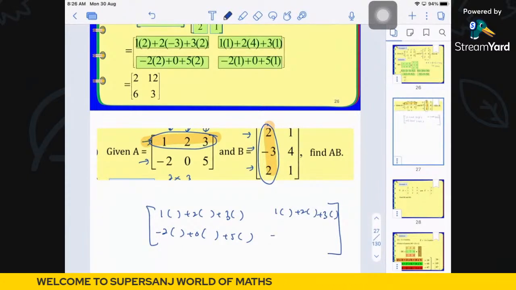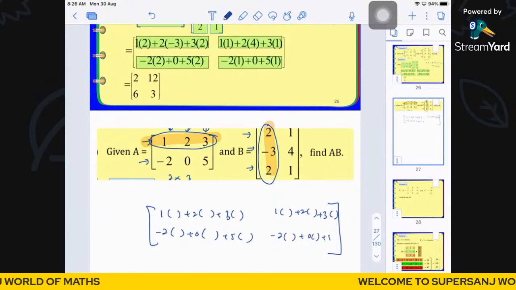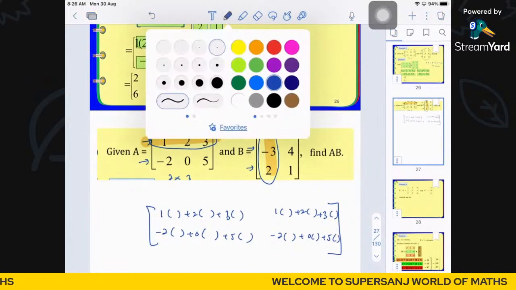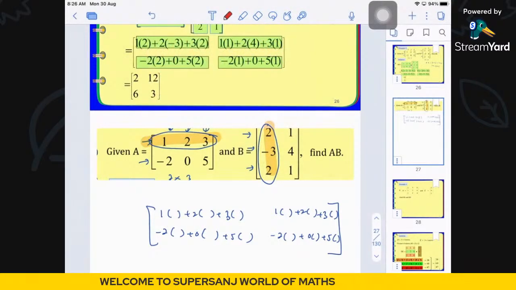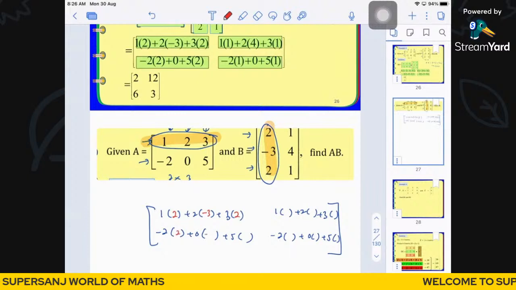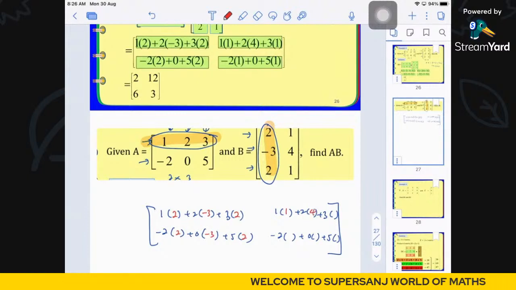So you follow, you ready the negative 2 bracket plus 0 bracket plus 5 bracket. Now only we go and substitute the column inside. So the first column I substitute inside here, 2, negative 3, 2. The second column I substitute inside here, 1, 4, 1.